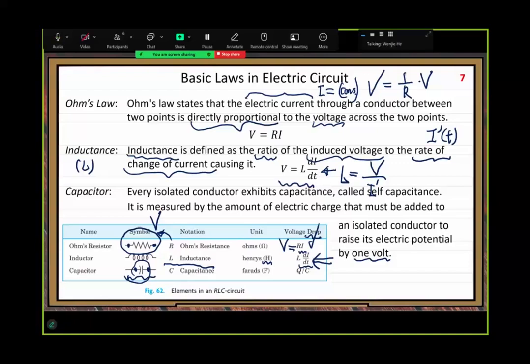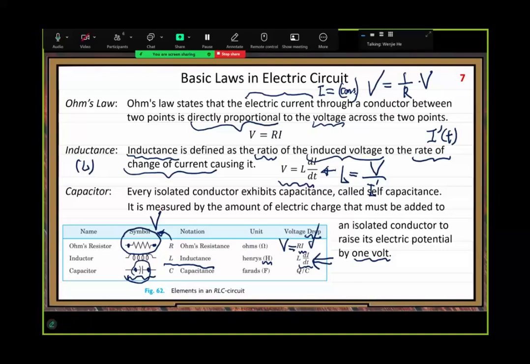When you add a certain amount of electric charge to increase the voltage by 1 V, you measure it: a certain amount of electric charge, then the voltage is 1 V higher.